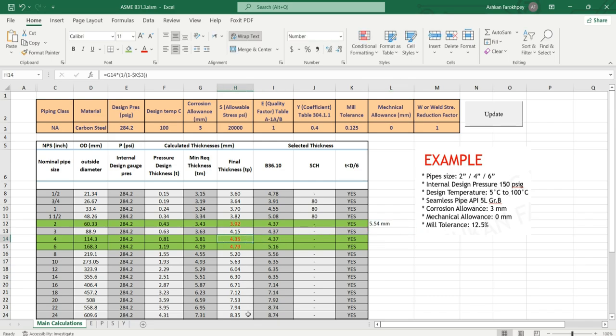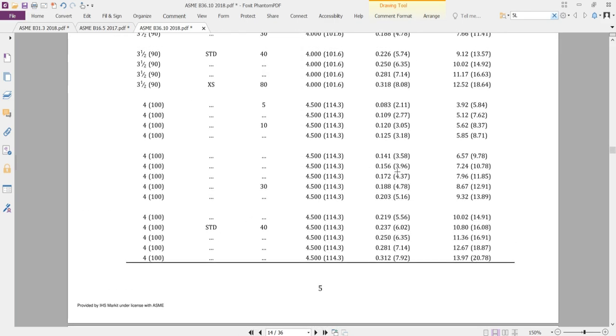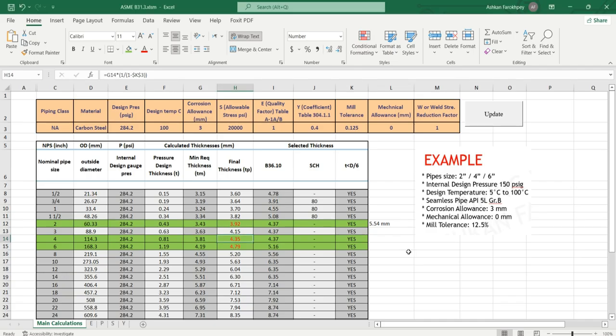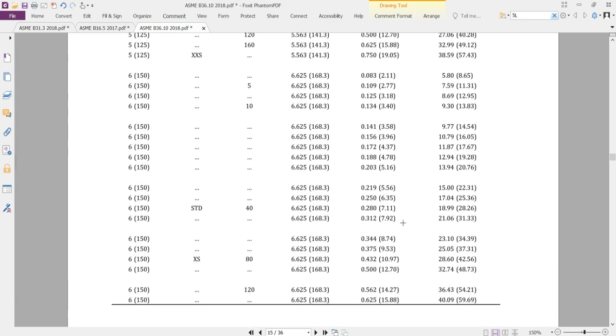For 4 inches pipe, 6.02 millimeter is recommended, although 4.37 is acceptable. And for 6 inches pipe, 6.35 millimeter is recommended, although 5.16 millimeter is enough.